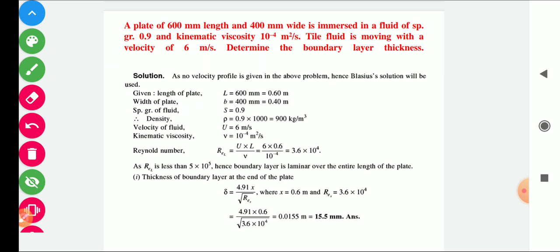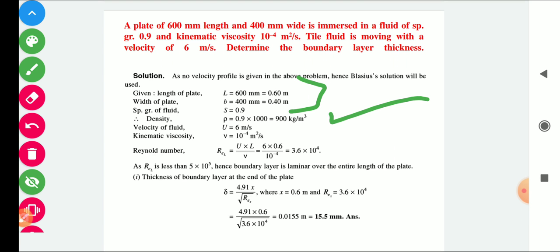Again the length and width of the plate are given, so first of all convert them into SI units. Then the length will be 0.6 meter and the width is 0.4 meter. The specific gravity is given as 0.9, so with the help of specific gravity, calculate the density of the fluid.